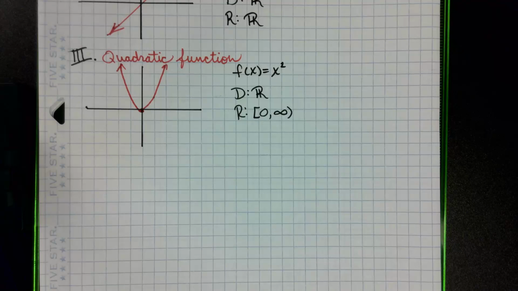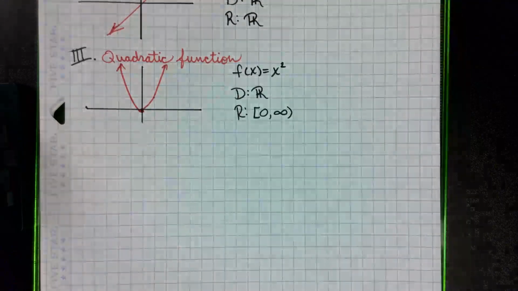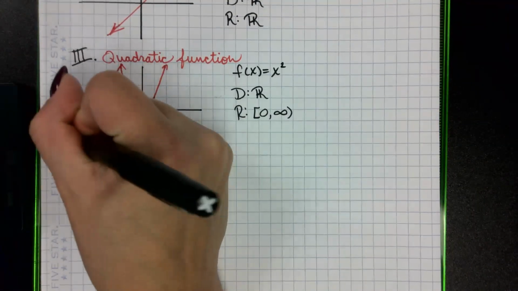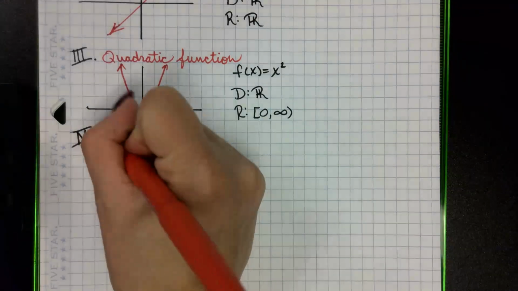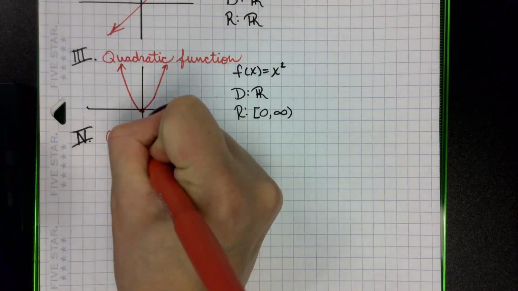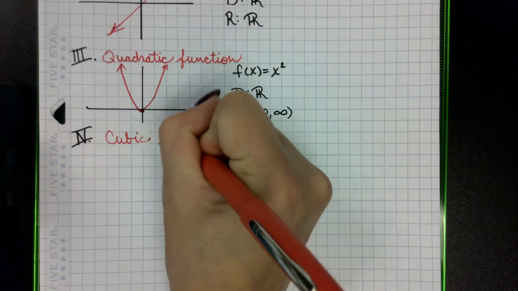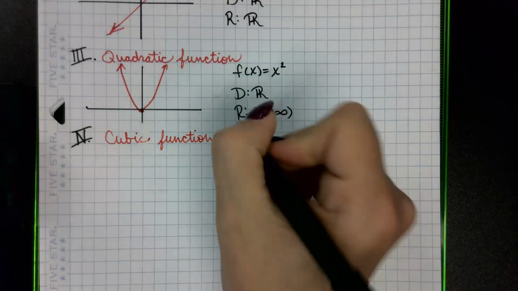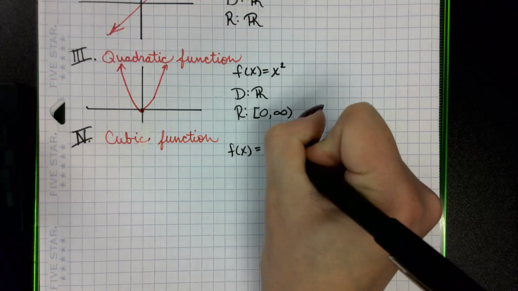And then next, we're going to do the cubic function. So we have the cubic function, which is f of x equals x to the third power.